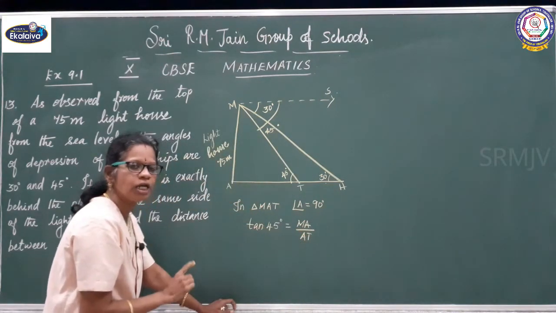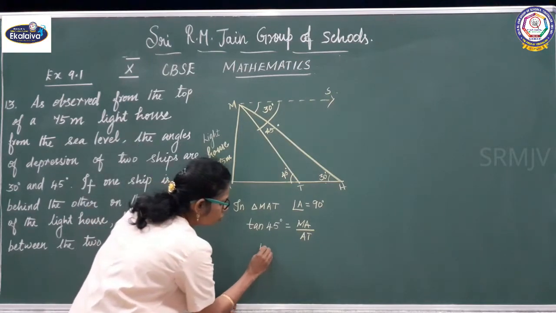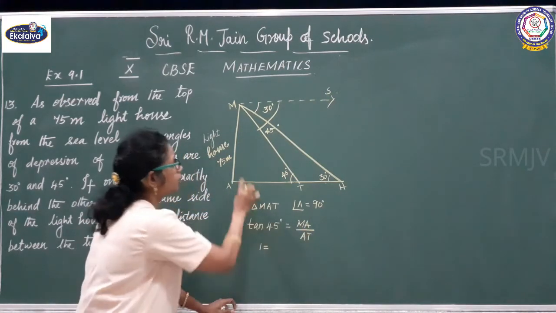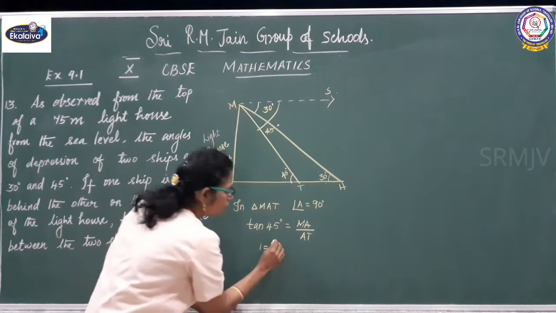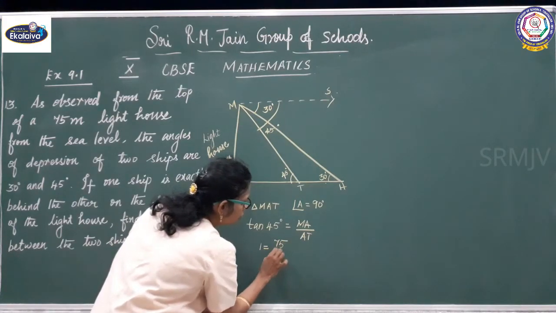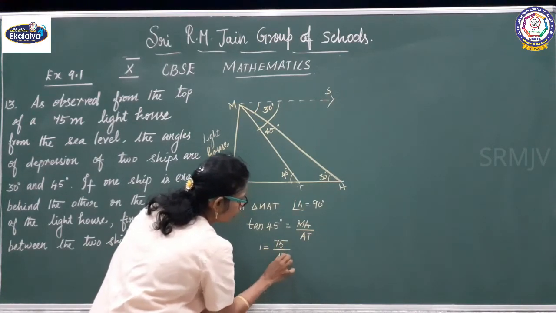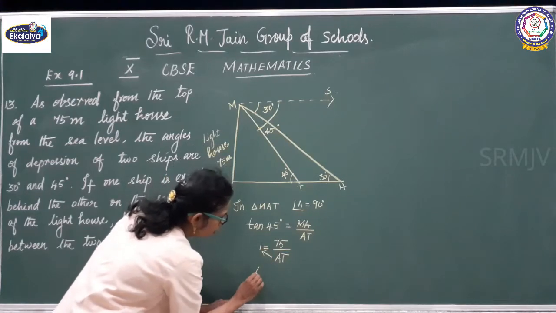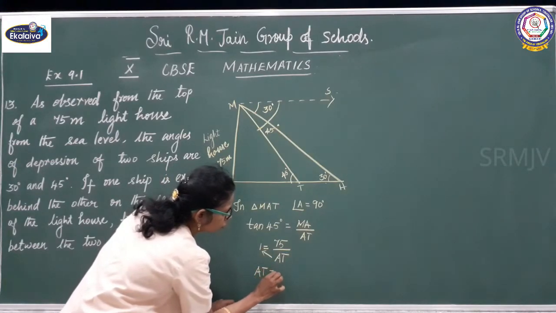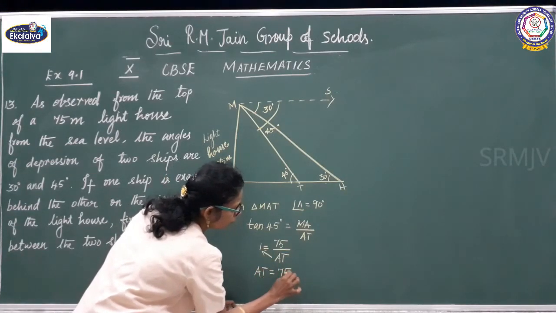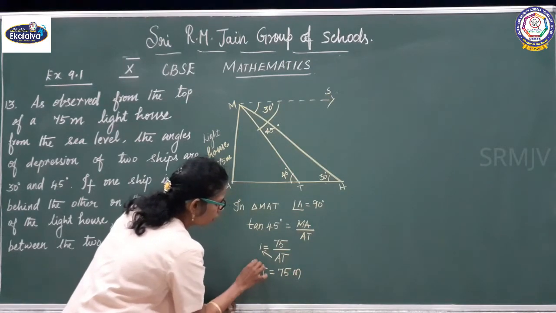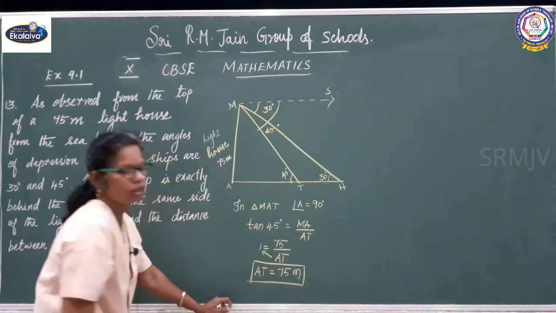Tan 45 degree how much? 1. So, 1 equal to MA, the measurement is given. That is 75 divided by AT. AT equal to 75 meter.